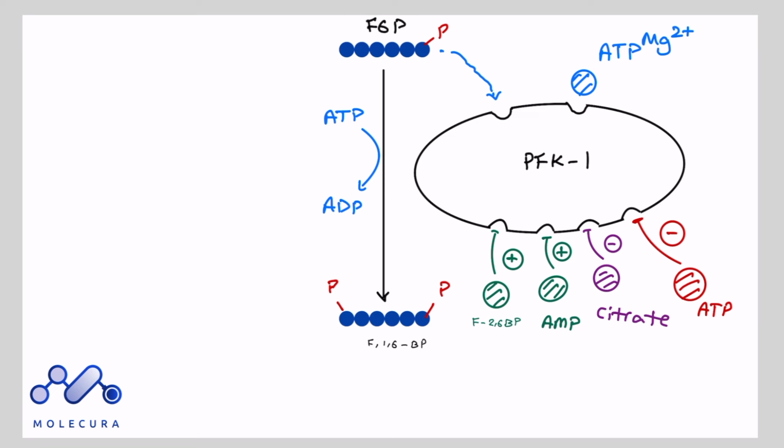So what happens is that this fructose 6-phosphate could undergo action of another enzyme that is called PFK2, phosphofructokinase 2. And phosphofructokinase 2 can make another molecule which is called fructose 2,6-bisphosphate.